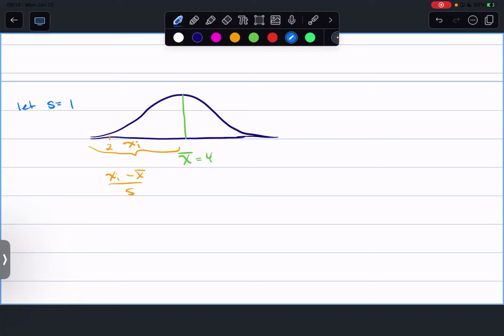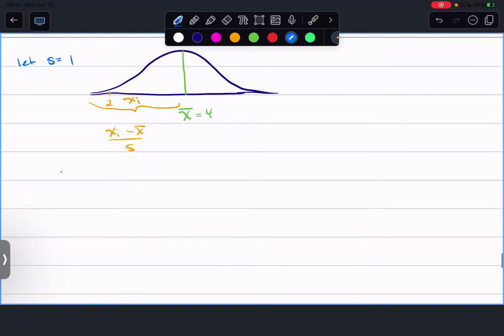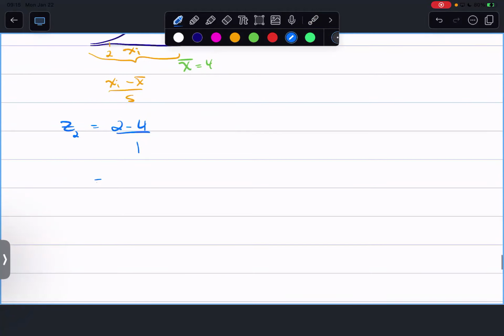If I take the deviation, 2 minus 4, then I get -2 divided by 1. Well, then it's 2 standard deviations below the mean. So Z for 2 is going to be 2 minus 4 divided by 1, which gives me -2, and this negative indicates below the mean.